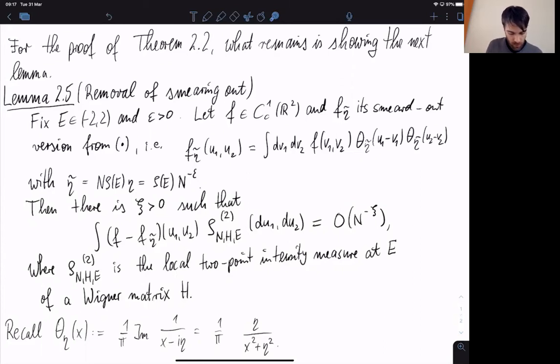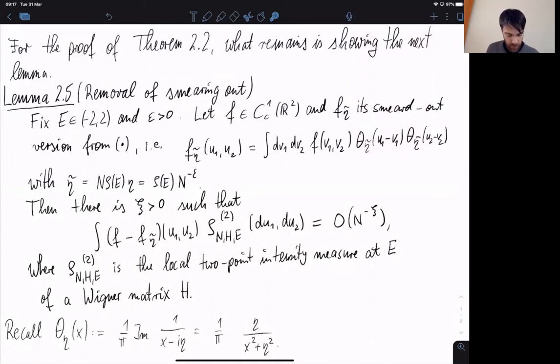Okay, so maybe just to recall, theorem 2.2 was this statement which showed us that if we have two Wigner matrices that match up to fourth order, then their local k-point correlation functions will be the same in the bulk. Last time we proved the Green function comparison statement, which was one part of the proof.